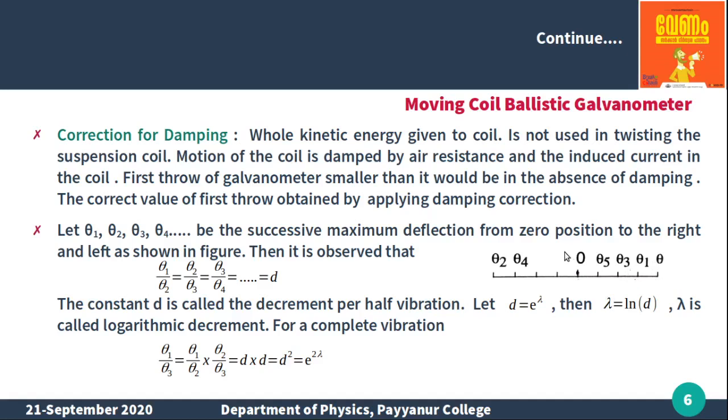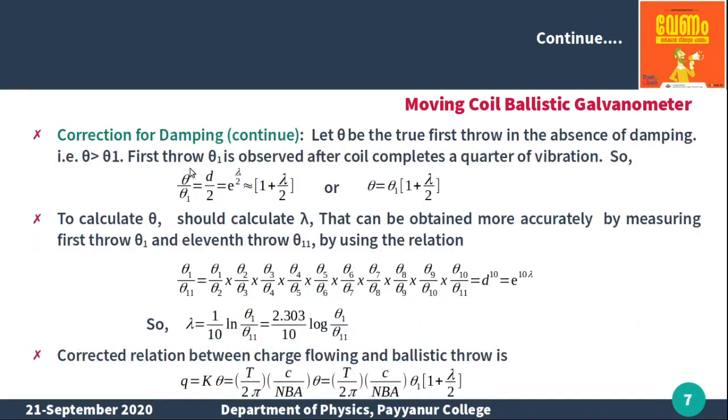In that quarter vibration, it should go to theta, but it is decreased to theta 1. So what we can write is theta by theta 1. It should go to theta, but when it is completing a quarter vibration, it is coming to theta 1. That means there is a decrement by completing a quarter vibration. So, the same way what we write for theta 1 by theta 2, we can write theta by theta 1.